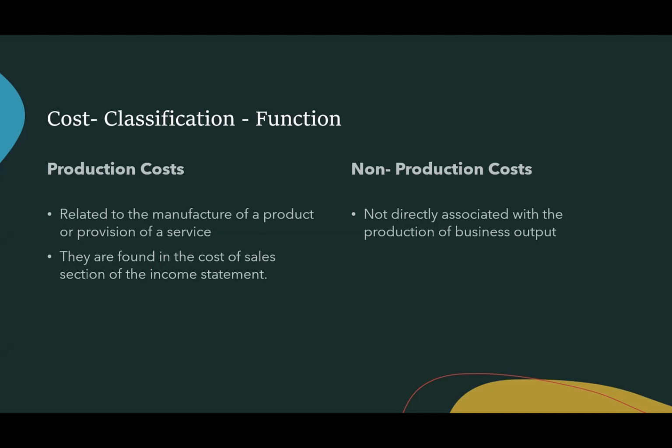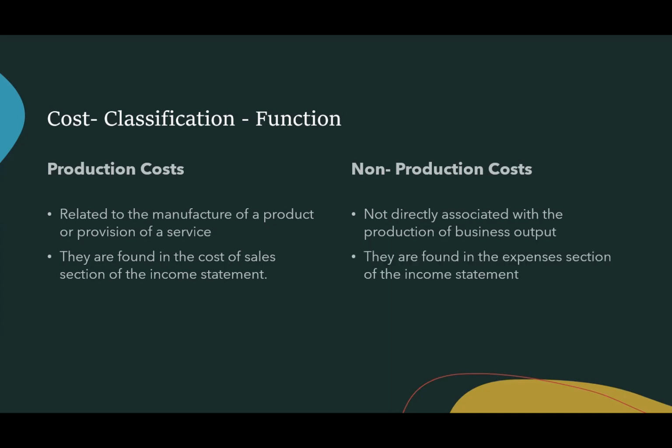Now, if you look in the income statement, you will find those production costs as part of the cost of sales. And from the revenue, if you deduct the cost of sales, you basically get your gross profit. So these production costs are the first to be deducted from revenues in order to get your gross profit.